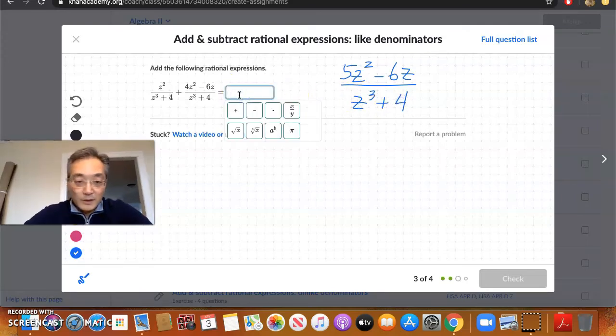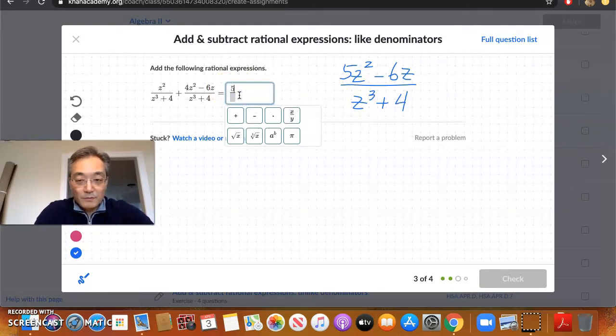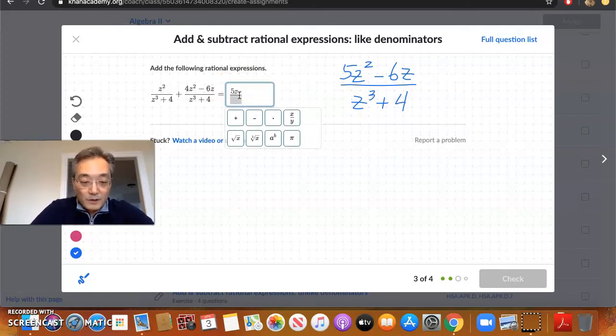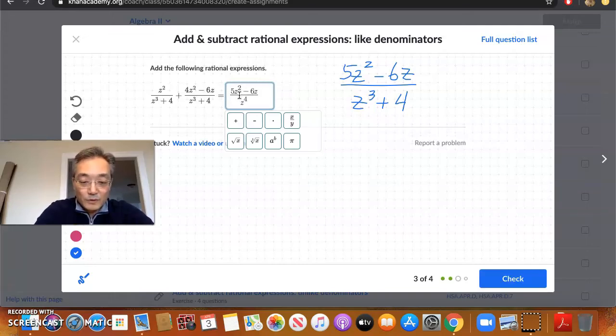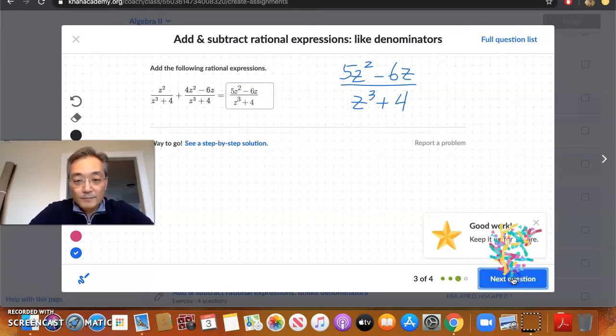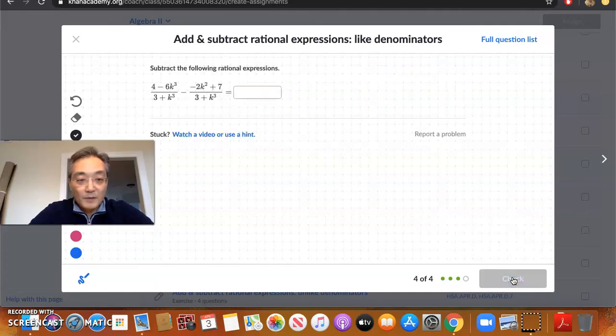So luckily, I think that's all we need to do here. 5z squared minus 6z all over z cubed plus 4. And that is correct. Okay, last problem.